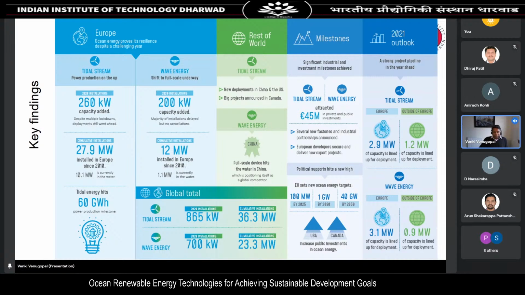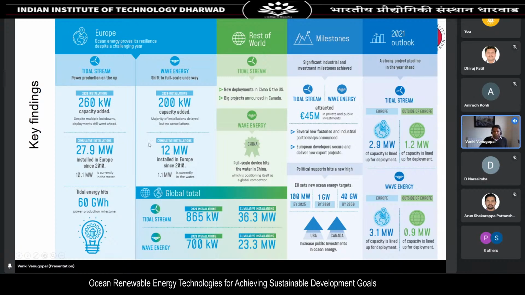And it may be difficult to read the slide, but I'm just quickly going to tell you, this is basically the information that you've seen before. The tidal stream power production has reached 260 kilowatt in 2020. I'm not going to repeat this.